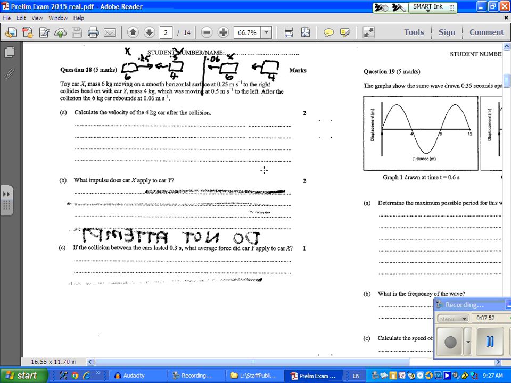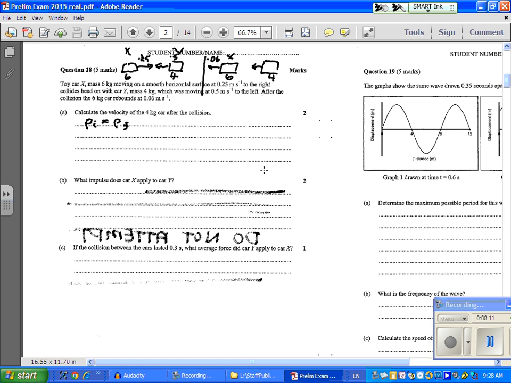So that's my diagram there. Okay, the next thing that you know is that the momentum at the start must equal the momentum when you finish. All right, that's a statement we've said many, many times, momentum's conserved.